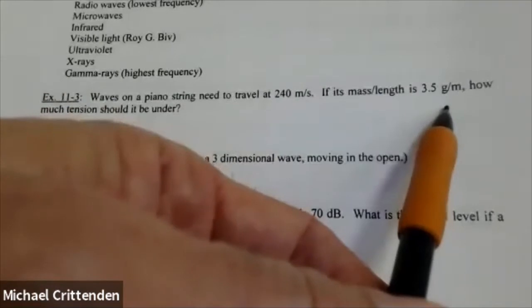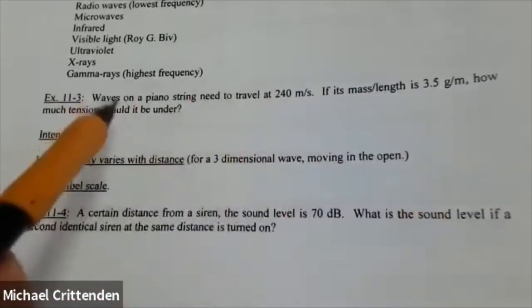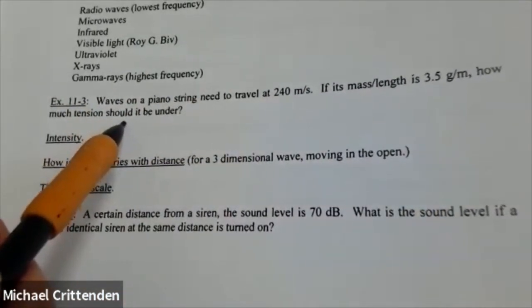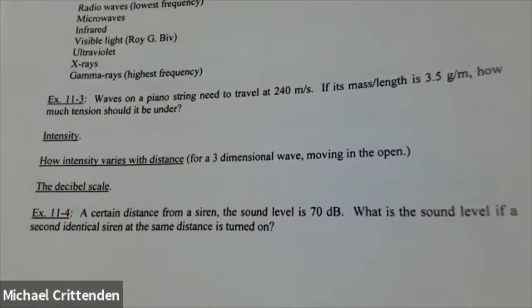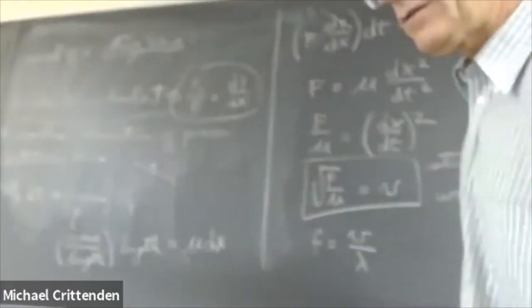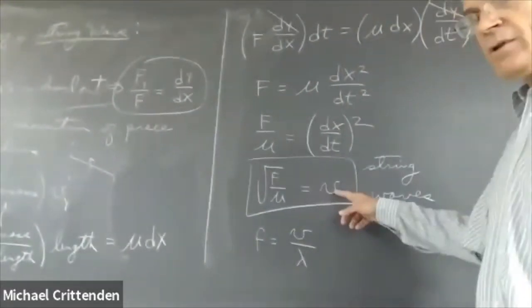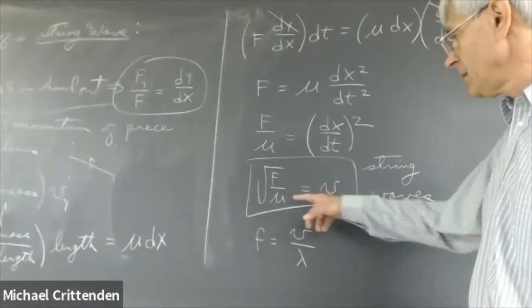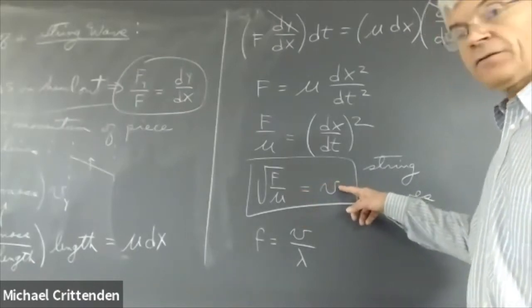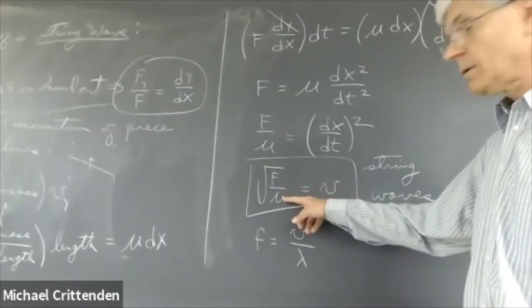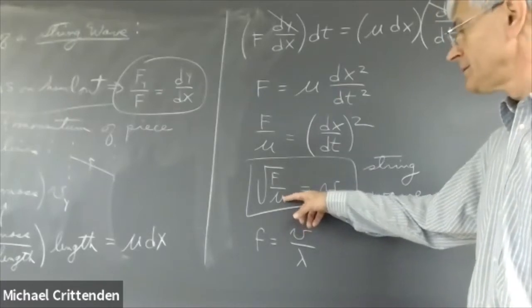It gives the mass per unit length. And the question is just how many newtons worth of tension should this string be under? So the way we're going to do this is, remember this thing back here? Question tells me V. Question tells me mu.